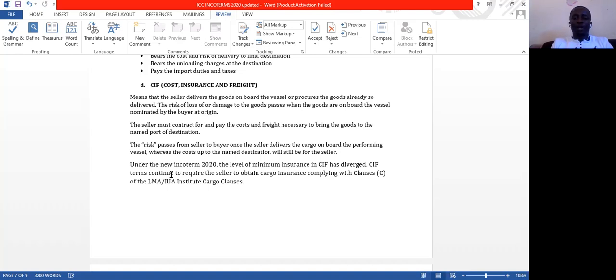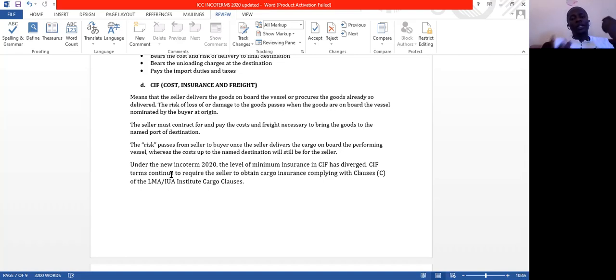The seller must contract for and pay the costs and the freight necessary to bring the goods to the named port destination. The risk passes from the seller to the buyer once the seller delivers the cargo on board the performing vessel, whereas the cost up to the named destination will still be for the seller.